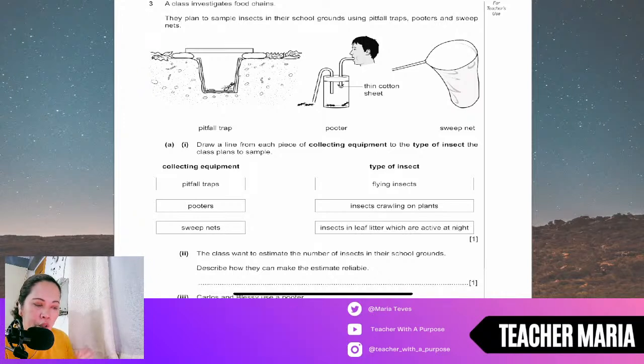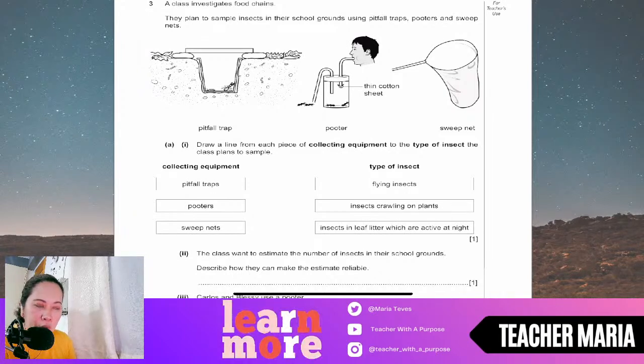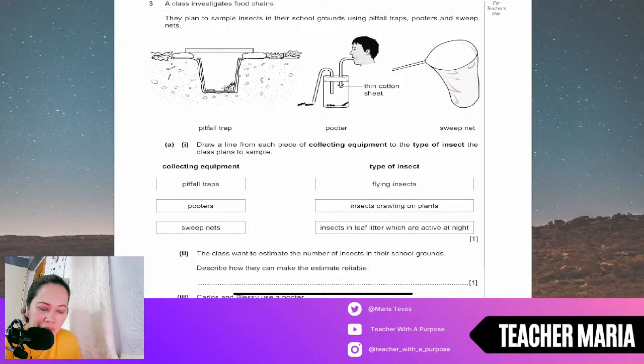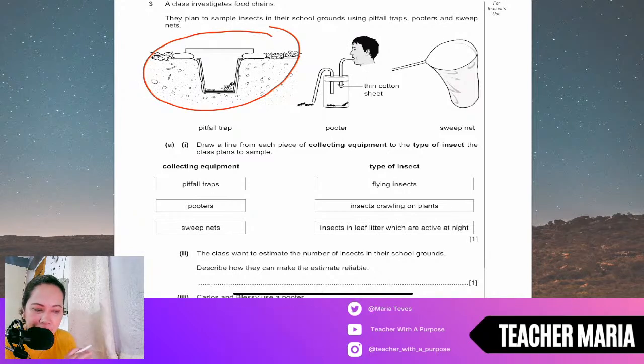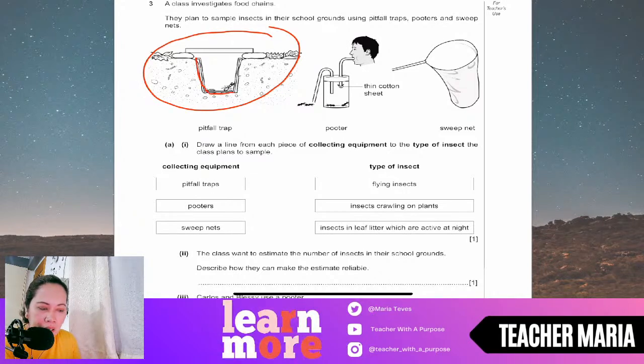So if it's a pitfall, what type of insect will you be getting? The pitfall is done as a hole on your ground. That means your pitfall can only collect insects in leaf litter which are active at night.